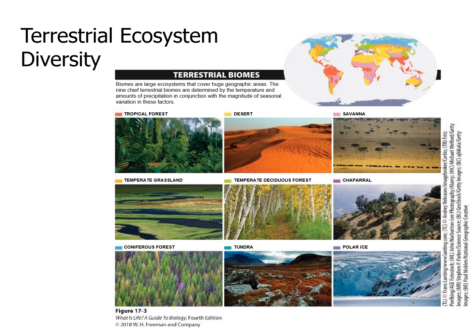So what we see is tropical forest, deserts, savannas, temperate grasslands, temperate deciduous forest, chaparral, coniferous forest, tundras, and polar ice, which you might be thinking, but Rachel, isn't that water? Technically, yes, but we're classifying it as a terrestrial biome because there is rock underneath that ice. So bear with me, guys.